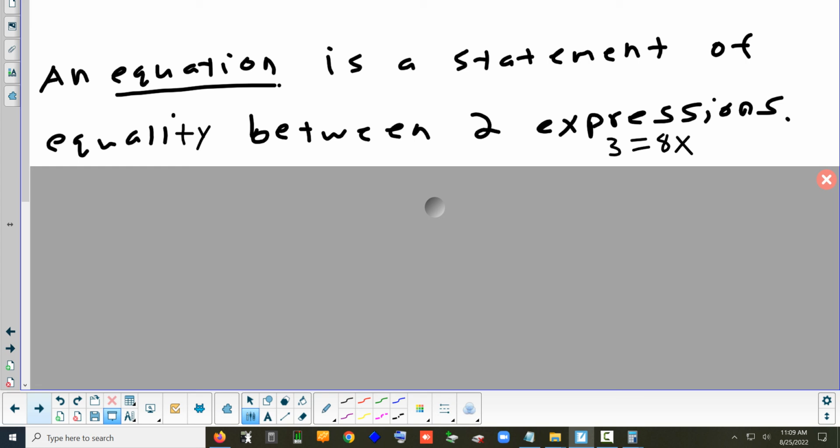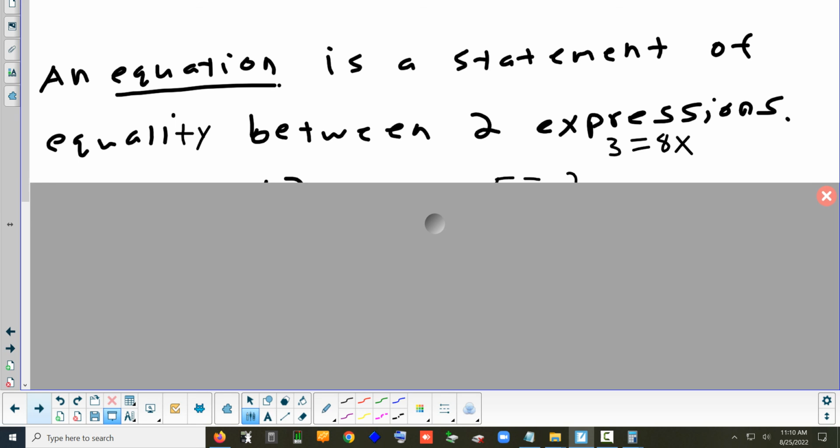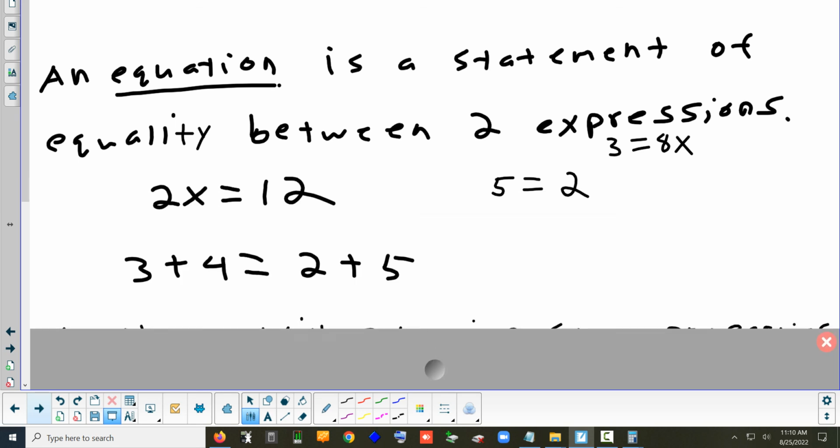I couldn't say, here, 5x, solve it. 5x, what? 5x equals 10? What is it? What do you want? Those are all examples of equations. What's going on with this one? Yeah?